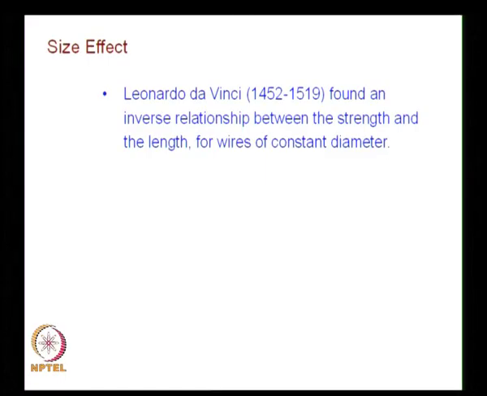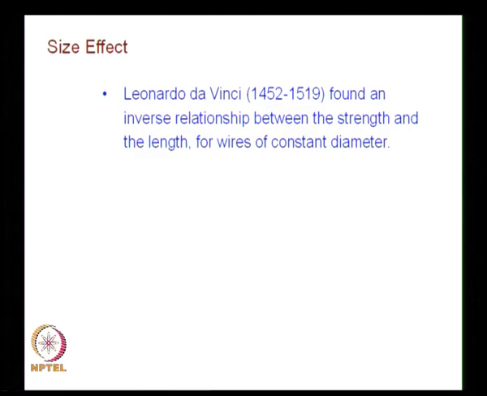What he said was, if the length is shortened, the strength increases. It is an experimental observation. See, we need an explanation for this. Remember, experiment is truth. If the experiment is carefully performed and the results are also honestly reported, then experiment is truth.